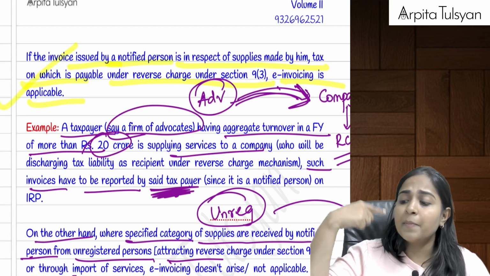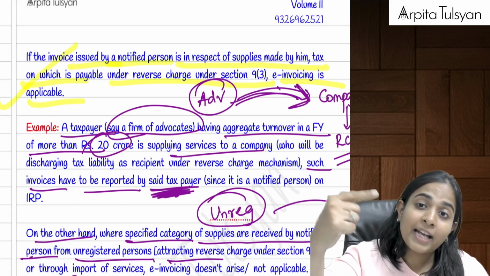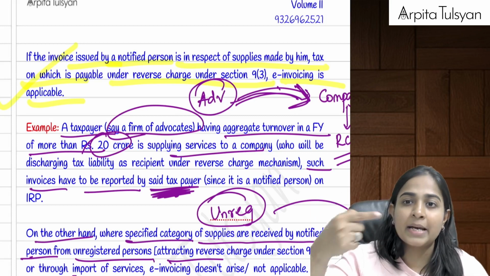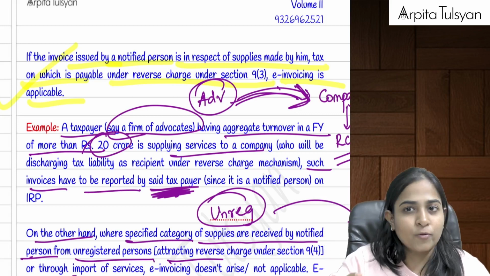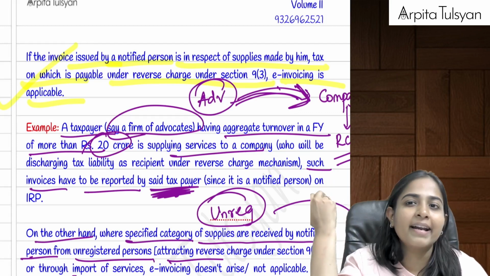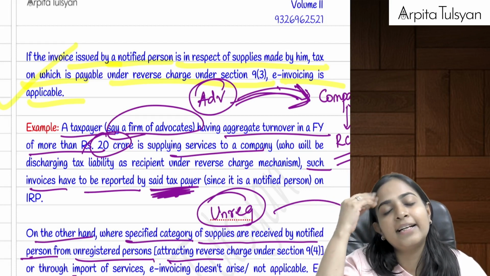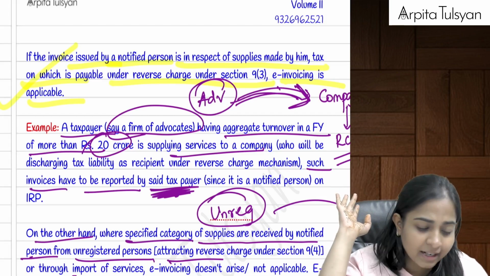Even though tax is payable by the other person under RCM, I will be required to issue e-invoice. I will not be exempted from the requirements of e-invoice. I just have to check one requirement: whether my aggregate turnover has exceeded rupees 5 crore in any one of the preceding financial years.